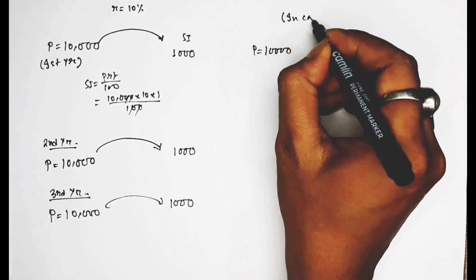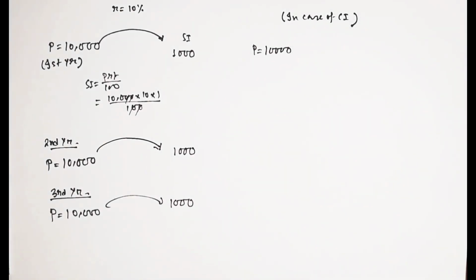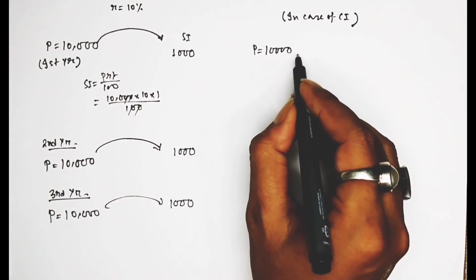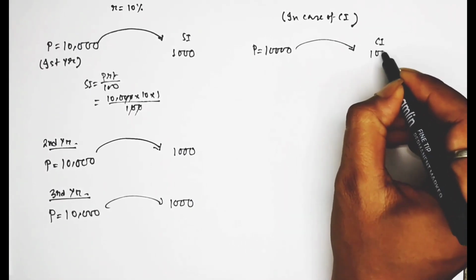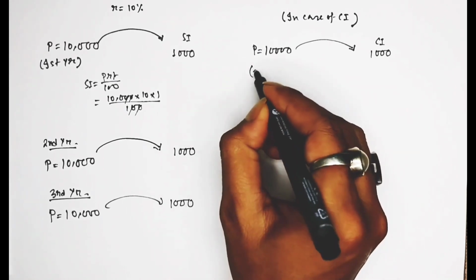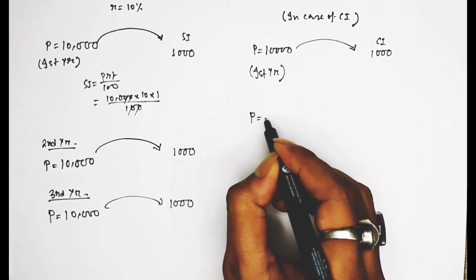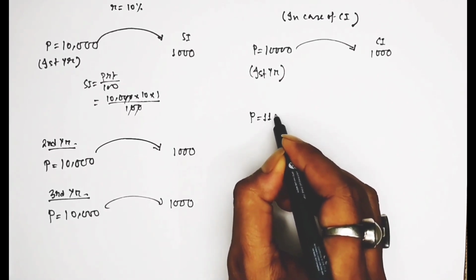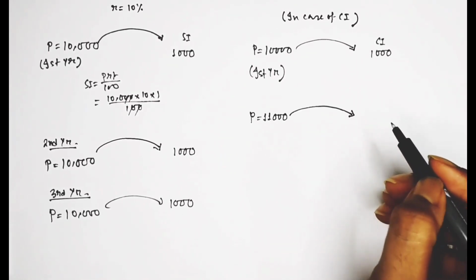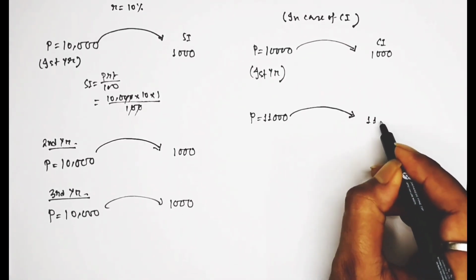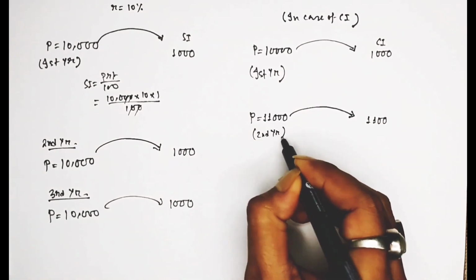In case of CI, principal amount is 10,000 for the first year, and we get the value of CI is 1000 rupees. But in the second year, principal amount is 11,000 rupees, and we get the value of CI is 1100 rupees in the second year.